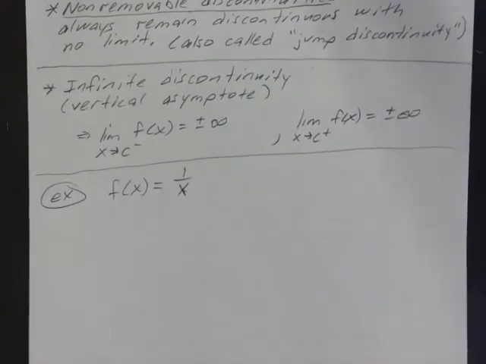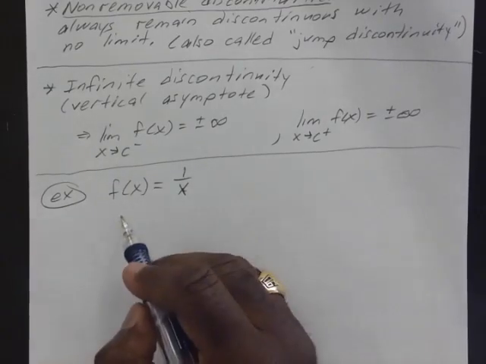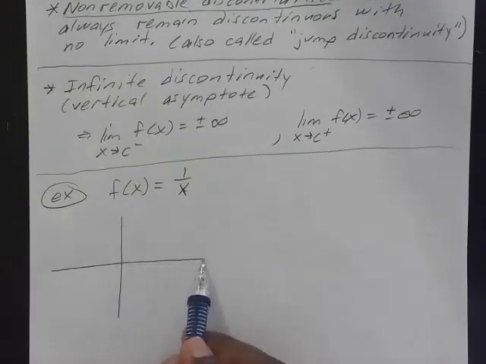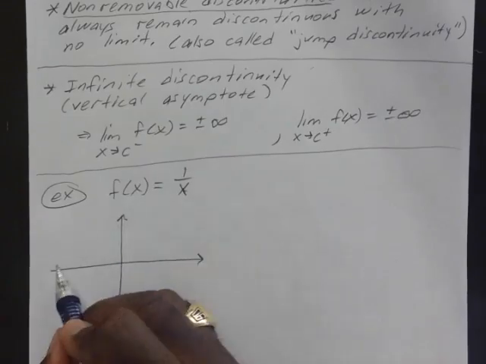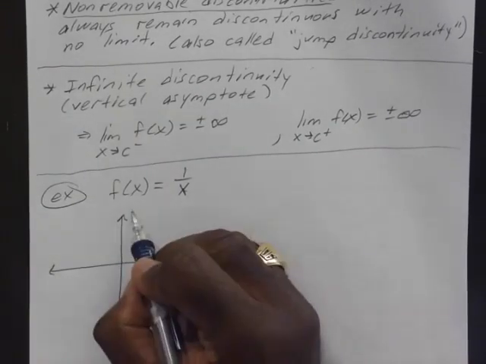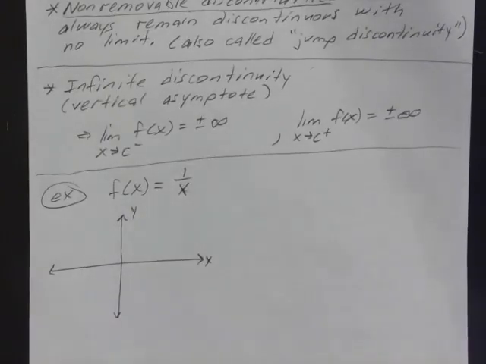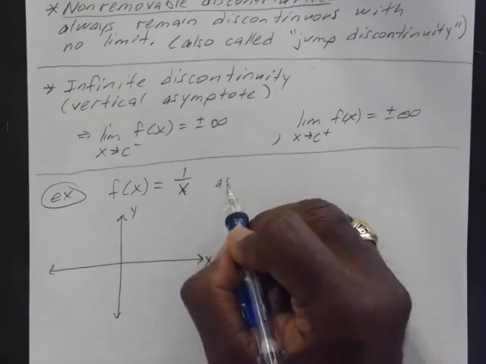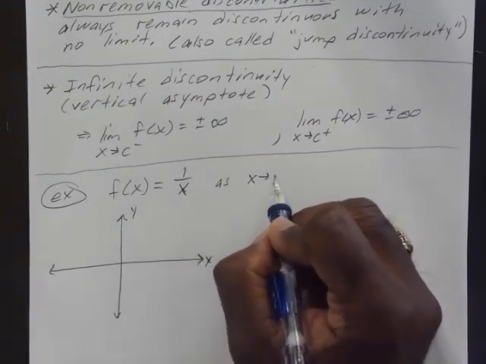So if we look at this graph, let's say we look at it as x approaches 0.